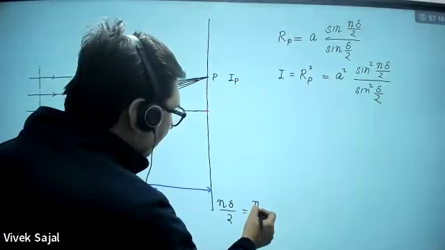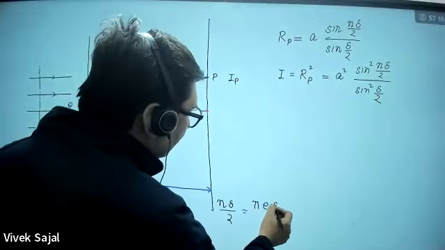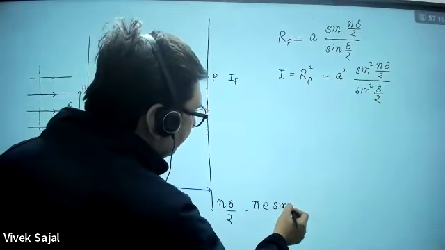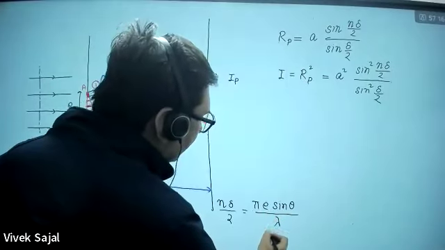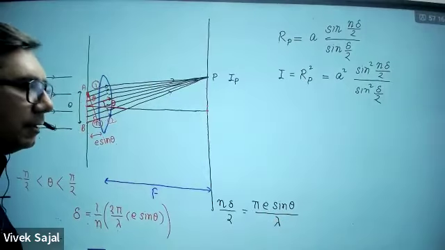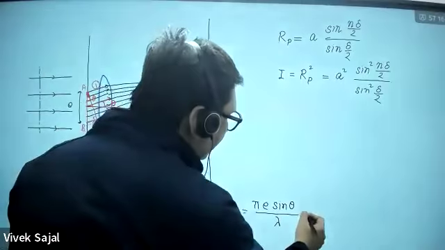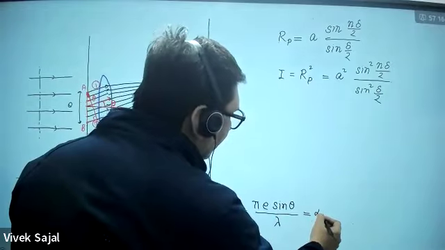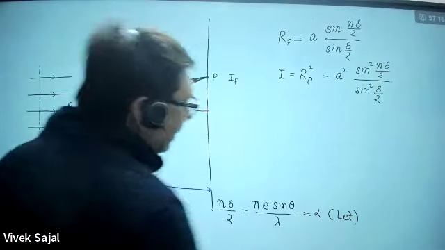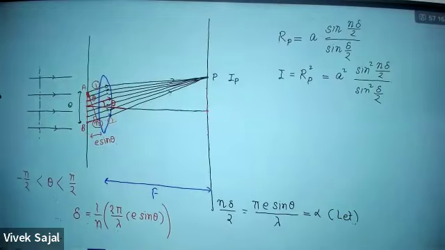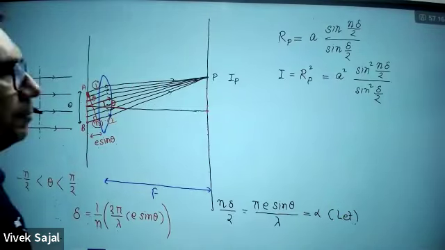So this will be pi e sin theta upon lambda, and I assume it as alpha. So alpha is pi e sin theta upon lambda.